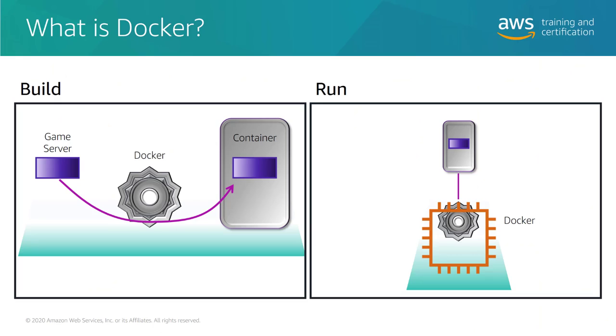A container bundles application software with dependencies, making a portable bundle that can be run in multiple locations. Docker is an open source tool for bundling software into containers. Its primary value is that it can bundle the dependencies inside the container with the game software.